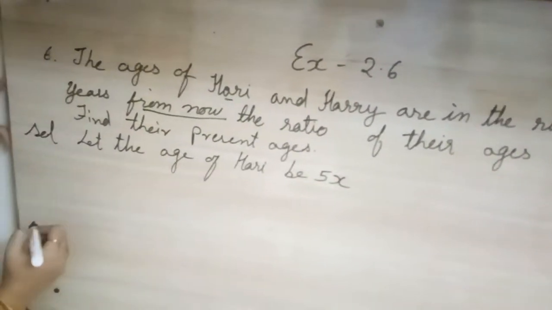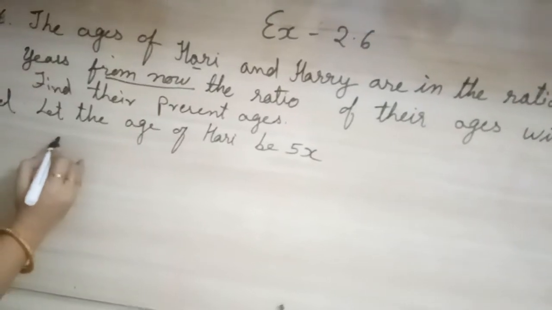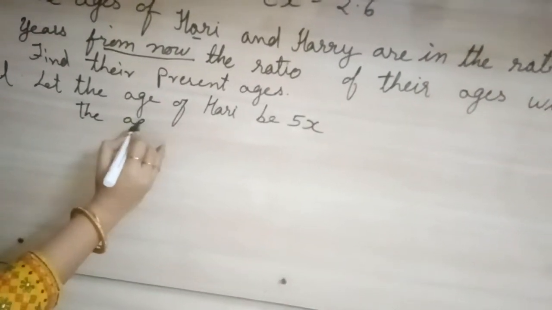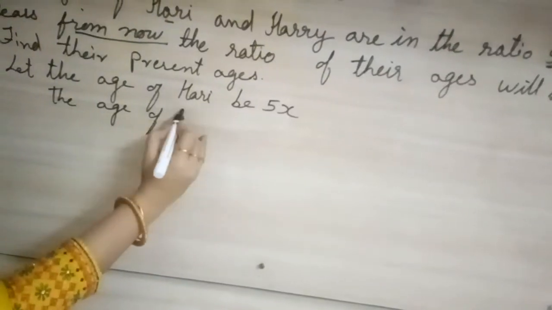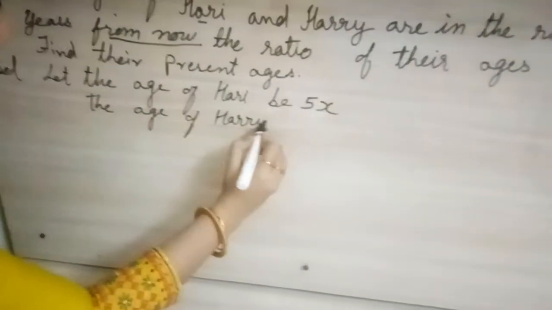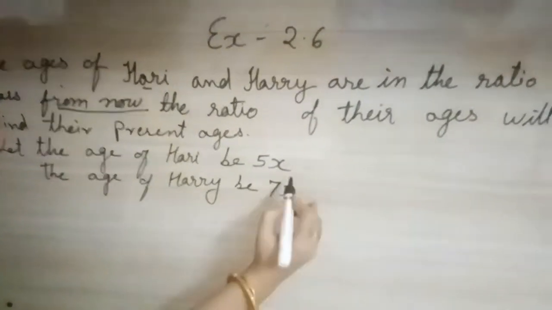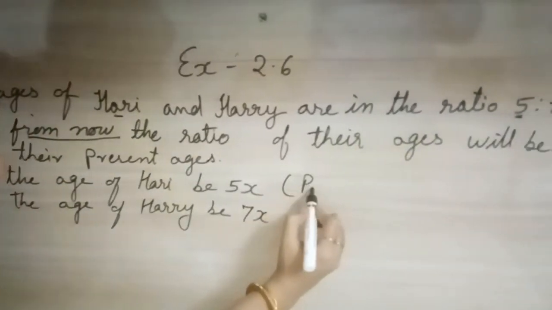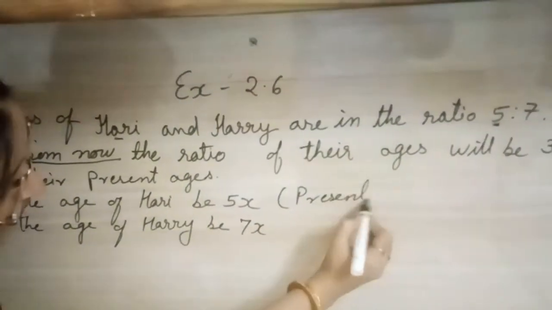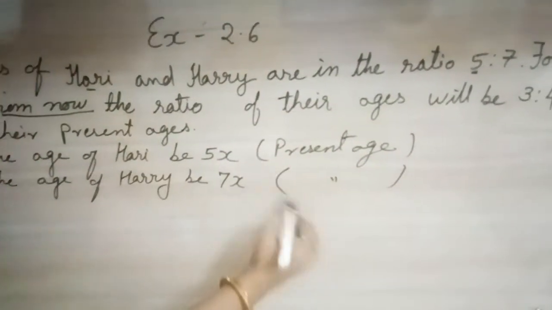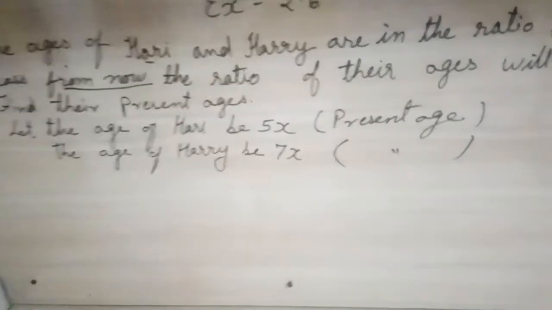So let the age of Hari be 5x, and in the same way the age of Harry be 7x. And this is which age? This is the present age we are talking about, the present age of Hari and Harry.